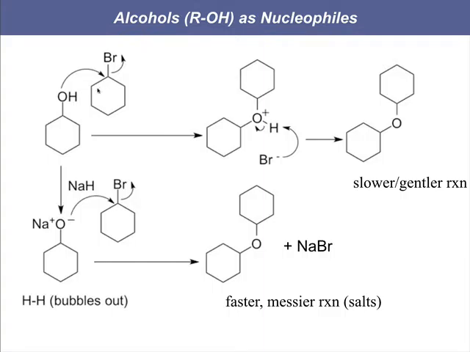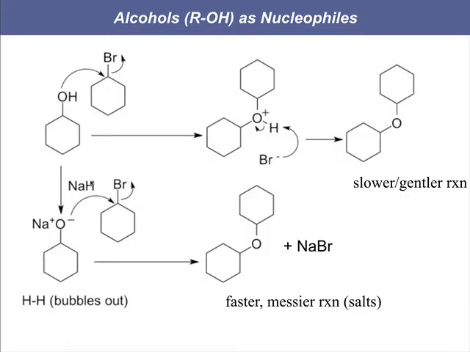That's what we get if we use an alcohol as a nucleophile. There's another option: we can take that alcohol and react it with sodium hydride, NaH. That's Na plus, H minus. Hydride, H minus, is a pretty strong base. It's a pretty nasty base. It turns out that hydride is a poor nucleophile, but it's a pretty good base.